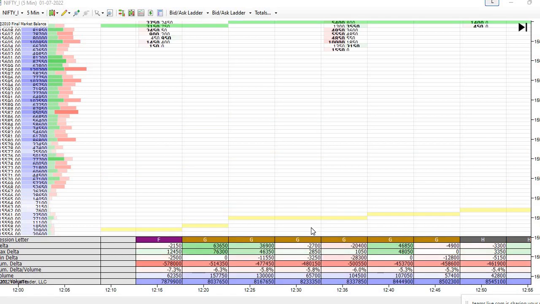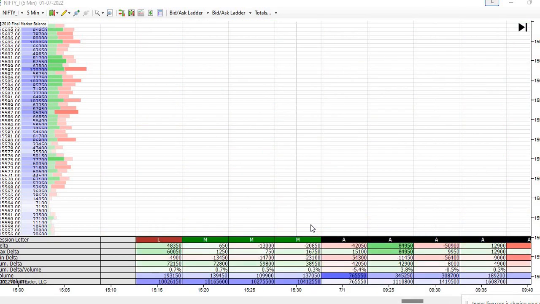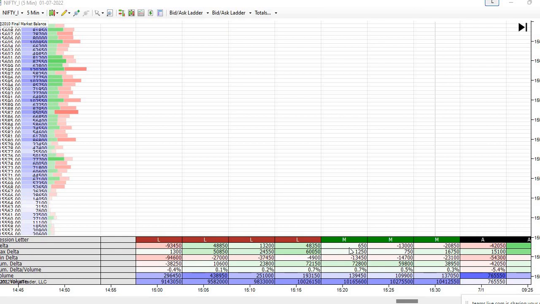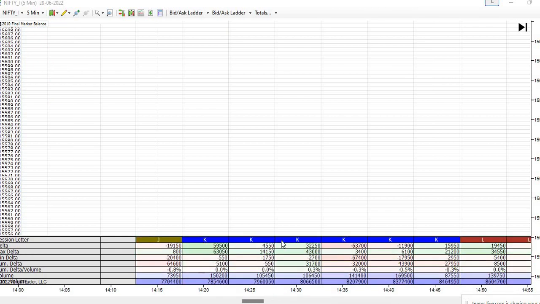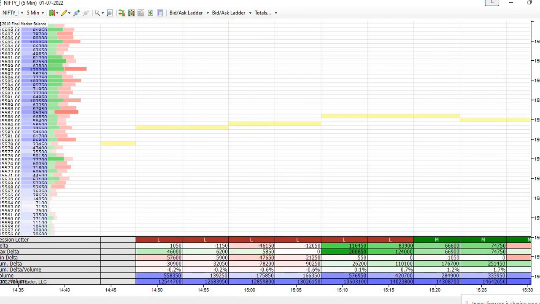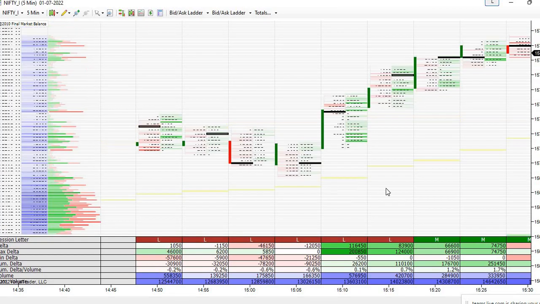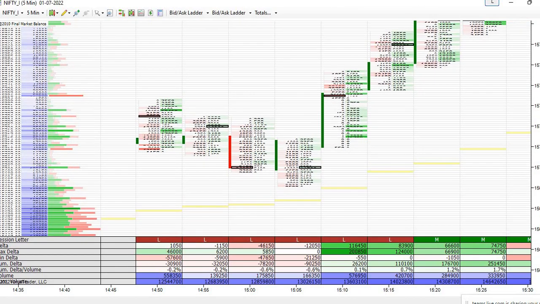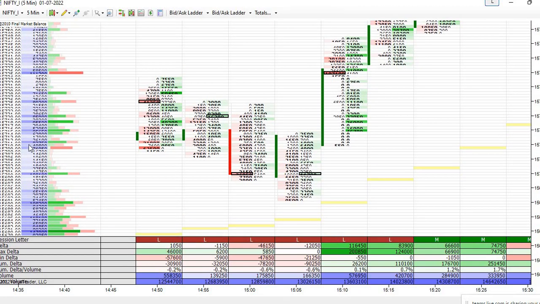Like when you go back to the previous day's example right here, you will see a big number, right? Look at this previous number again, 1 lakh here. So these participants, they unwind their position. That's why we don't count them as decisive data for taking a trade, because it's already end of the day. What are you going to do at 3:10, right?